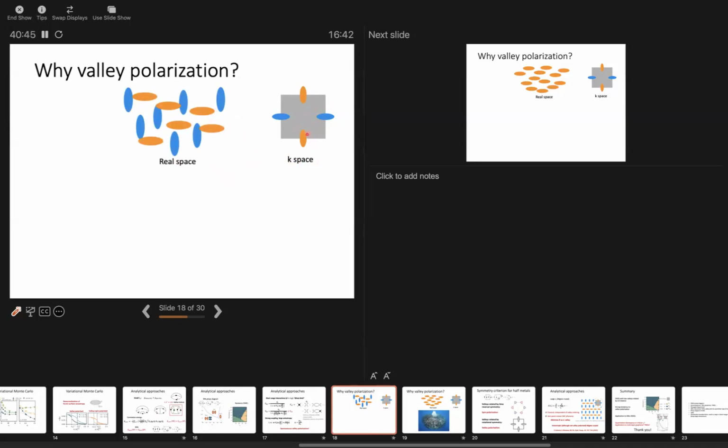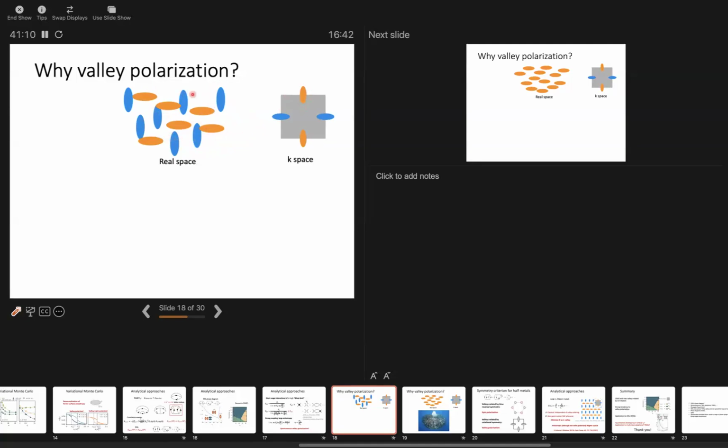If you have an electron from valley Y, and the mass in the x direction is much lighter than the mass in the y direction, if you want to localize it in real space, it will actually also look elliptical. You want to localize much less in the light direction compared to the heavy direction. So in real space, you really think about the electron as some kind of elongated object.